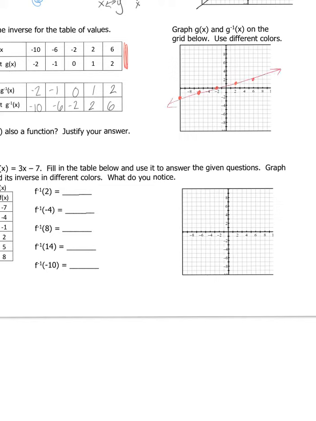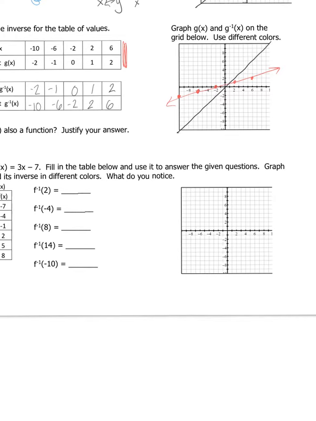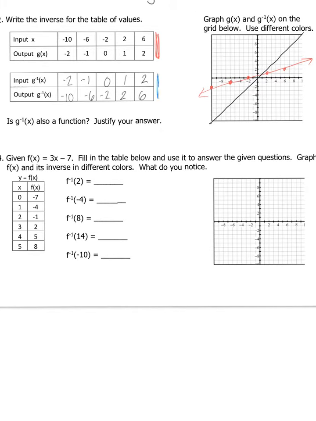You can go ahead and draw your line y equals x, where this should be reflecting, and then see if the next table, which I'm going to draw in blue, will fix that. So this is just a point, like (-2, -10).